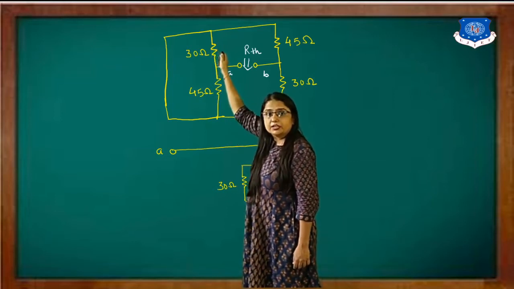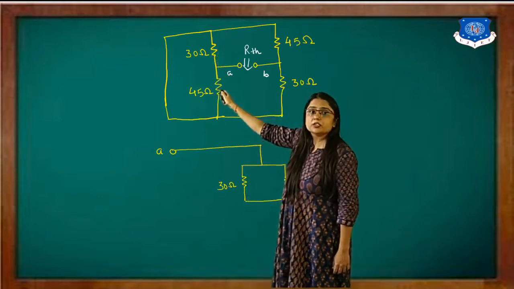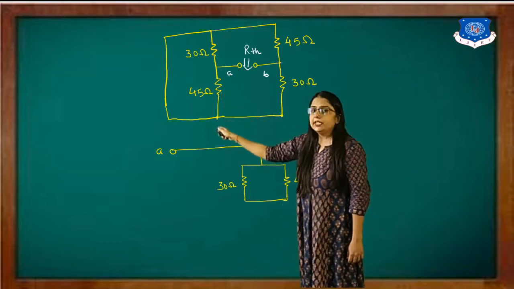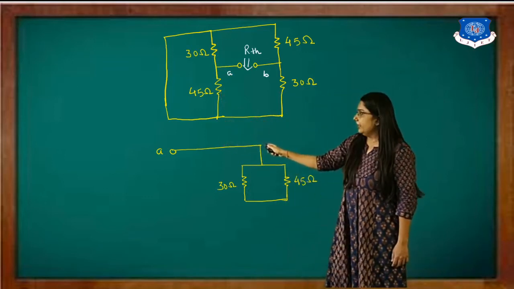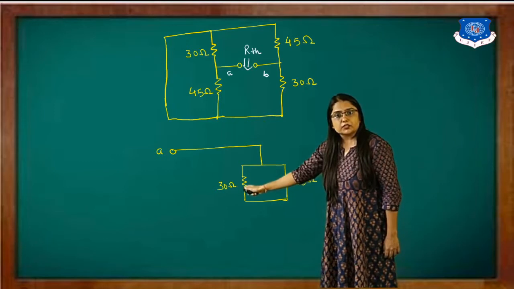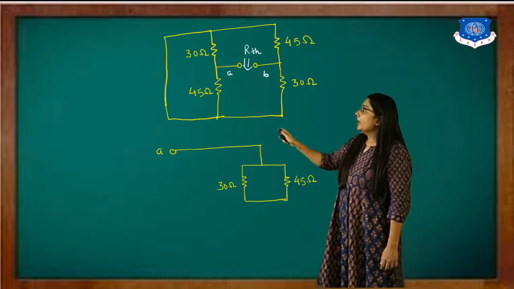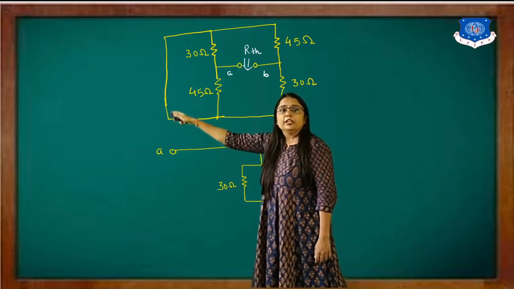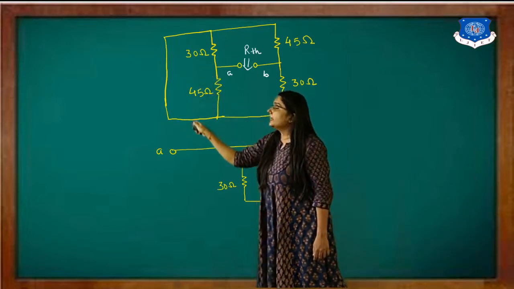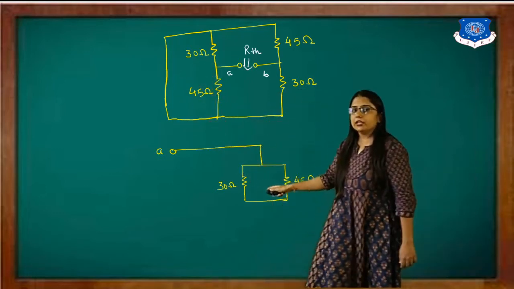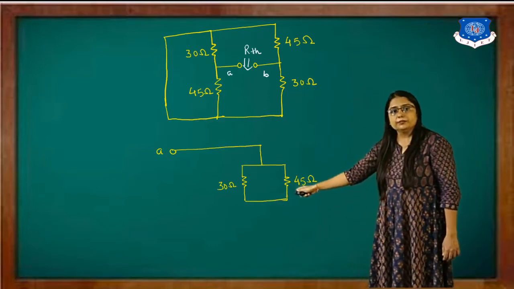One resistance is 30 ohm, another is 45. And you can see carefully that these two resistors are connected with each other, so I have connected these two resistors here.